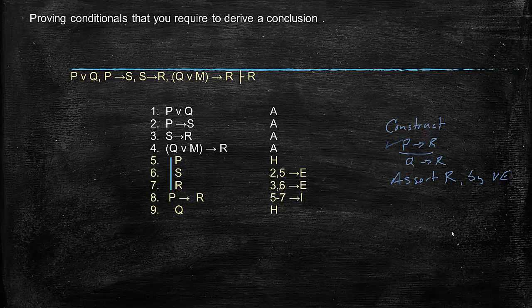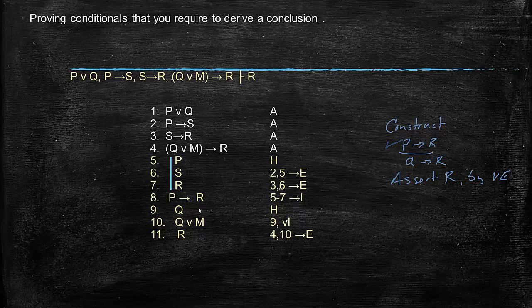Now this is a little bit different, but it's something you're already familiar with. Line 4 contains the assumption if Q or M then R, but you know how to get Q or M by adding it in with or introduction. So you now have Q or M by 9 or introduction, and now with 4 and 10 you have R by conditional elimination.